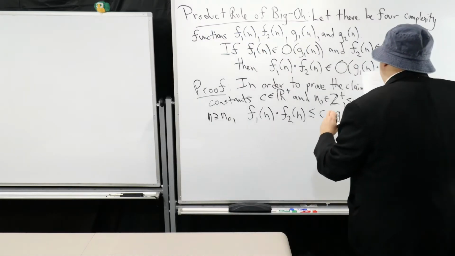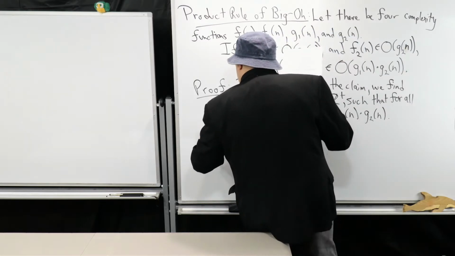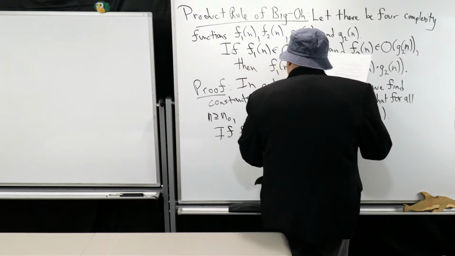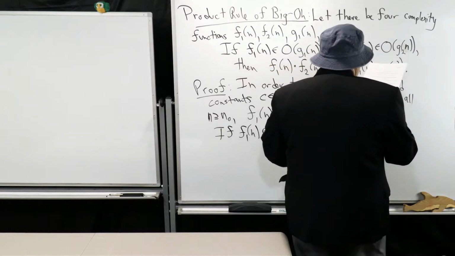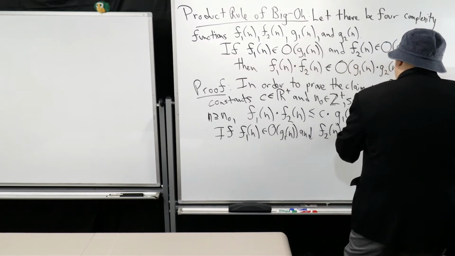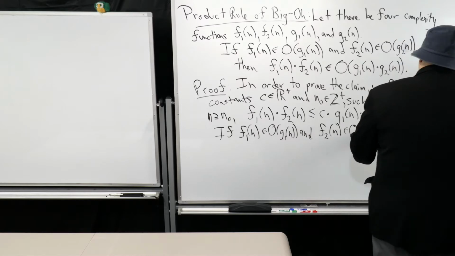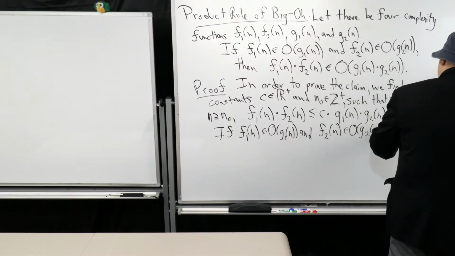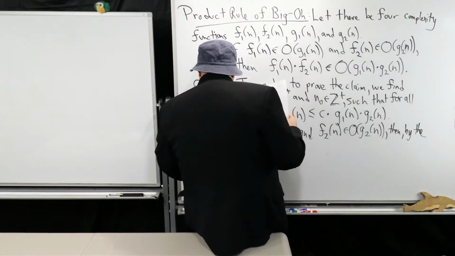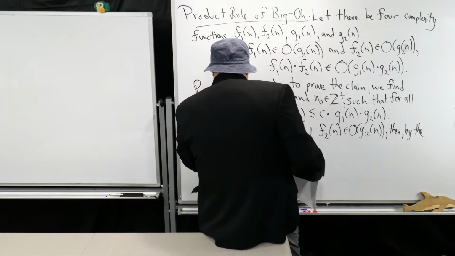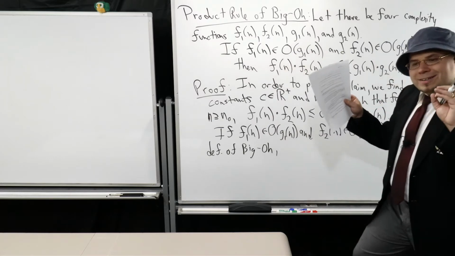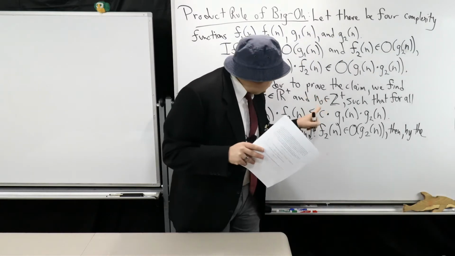So what am I going to do? If F1 is big O of G1 and F2 is big O of G2, then by the definition of big O, what can we say? That there exist constants for each one of these two statements.